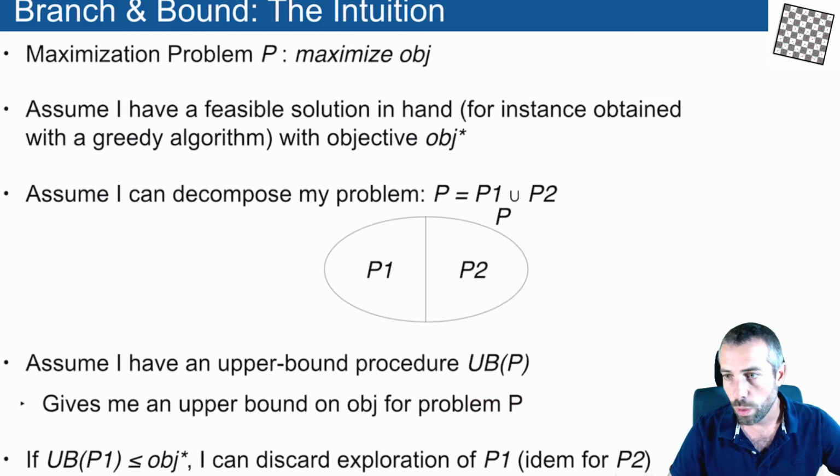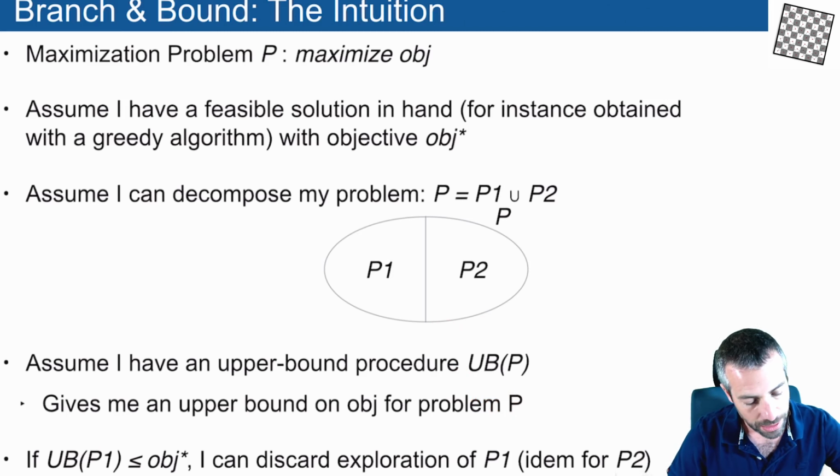Okay? What you can immediately see if you assemble all these pieces together is that if the upper bound on P1 is worse, so is less good than the best solution that you have found so far, you can discard the exploration of P1.